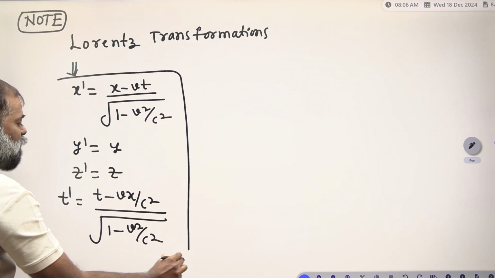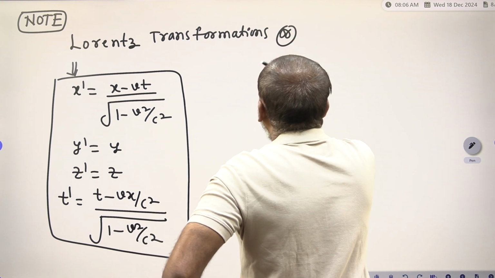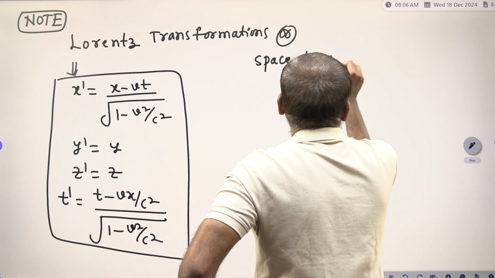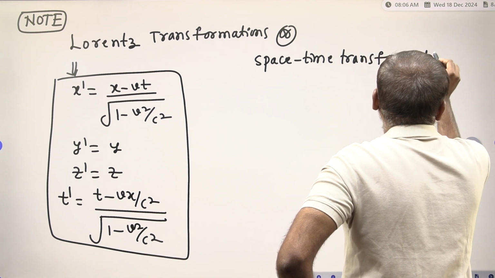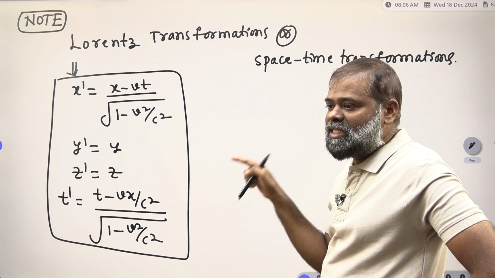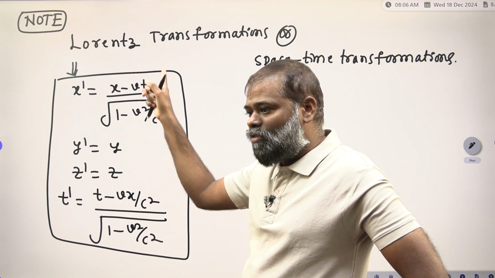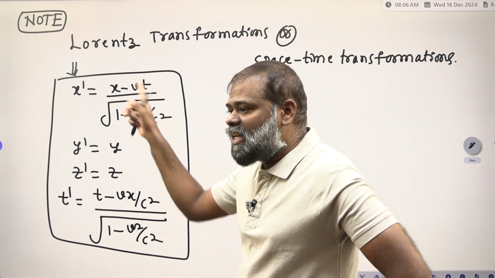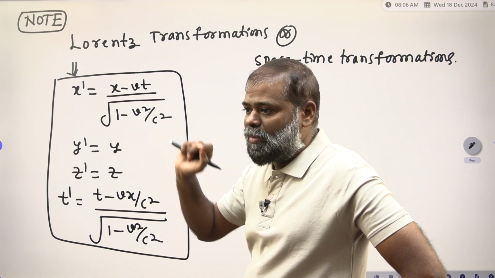We also call the Lorentz transformations space-time transformations, because the space transformation involves the time coordinate and the time transformation involves the space coordinate.